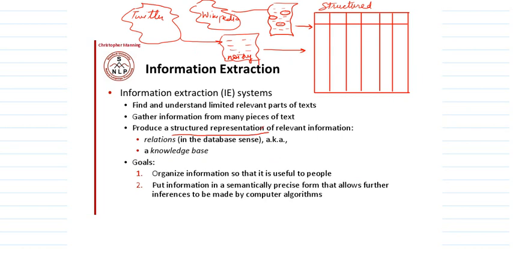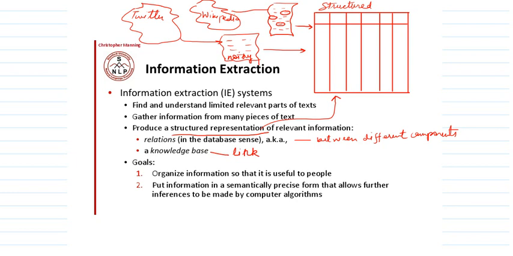We need to produce a structured representation of relevant information, and from that we can derive the relationships between different components. And we can link this kind of information to some knowledge base.